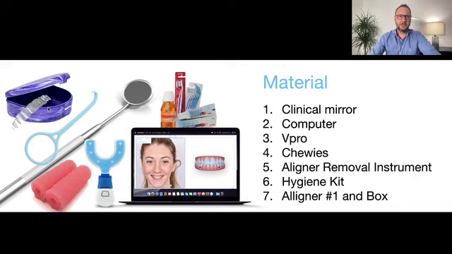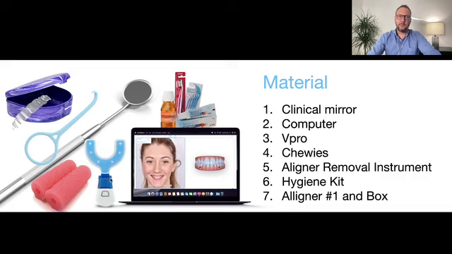So we open the computer and review what we're going to do. The patient already has the aligner in his mouth, having the first feeling of it, so I can keep them in the office for a while to have some questions and doubts, to feel the aligners, and to try to remove and place them again. I also like to deliver to the patient a very complete hygiene kit, to help them clean the aligners and keep good hygiene, which is important for the orthodontist. This is a gift I like to give to patients.